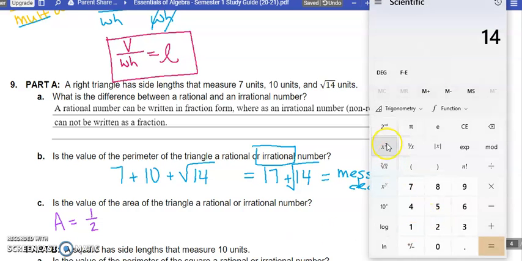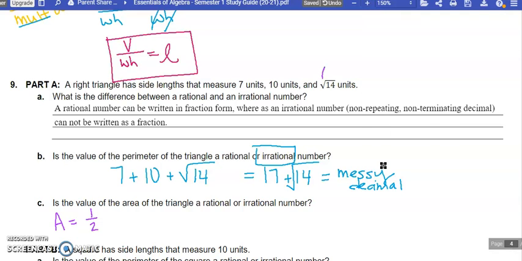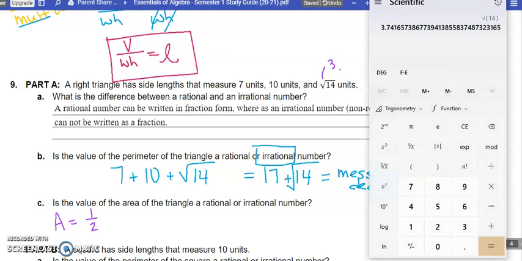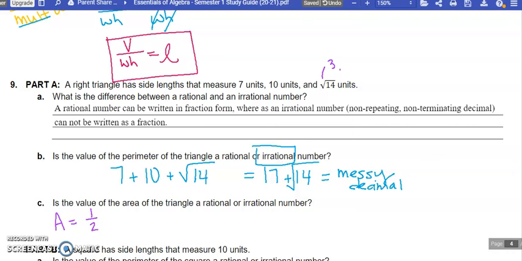If you wanted to take the square root of 14, you could see that it simplifies to about 3.74. So I know that this side is my hypotenuse, the longest side. So that means that this side and this side are my base and my height.